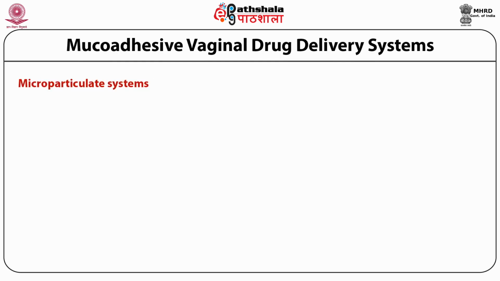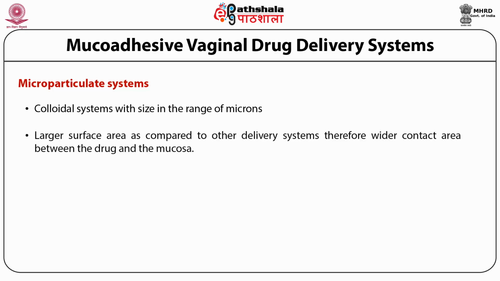Microparticulate systems. Colloidal systems with a size in the range of microns are referred to as microparticulate systems. These offer a large surface area as compared to other delivery systems, therefore a wider contact area between the drug and the mucosa is effected.